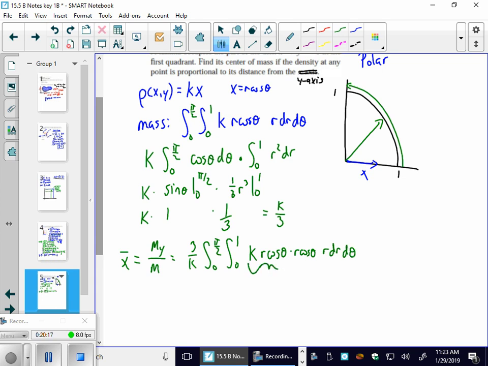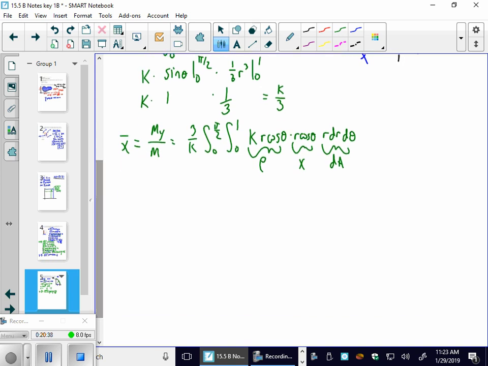So this was our original density, this is our x, and then here is your dA. Let's make that look like an x and not an alpha. There. So we'll finish this one, and then I'll give you the answer for the y bar again.